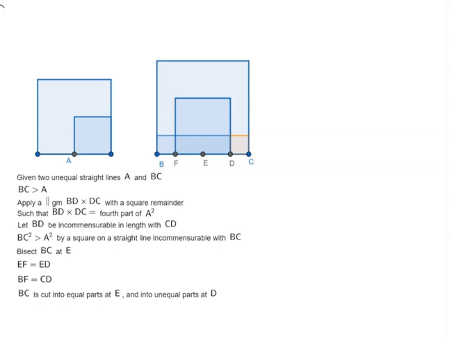Now we had a proposition in book 2 which said that if that is the case, then BD times DC plus ED square is equal to EC square. Now we quadruple each of these quantities. So it becomes 4 times BD by DC plus 4 times ED square, which is equal to 4 times EC square. Now BD by DC is this rectangle, and this rectangle is 1/4 of A square.